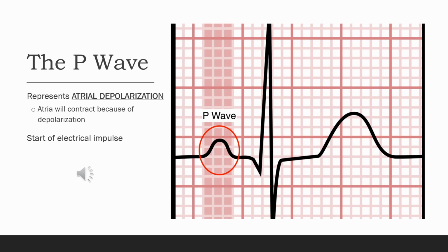All right, so now let's focus on that P wave, which represents atrial depolarization, or the electrical activation of the atria, which causes them to contract. So this is the first visible deflection on an ECG, marking the start of each heartbeat. When an electrical impulse is generated by the SA node, it spreads across both atria, stimulating them to contract and push blood into the ventricles.